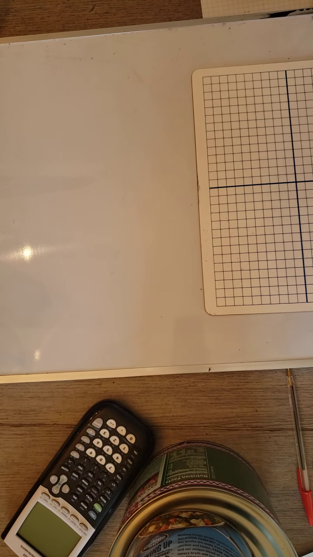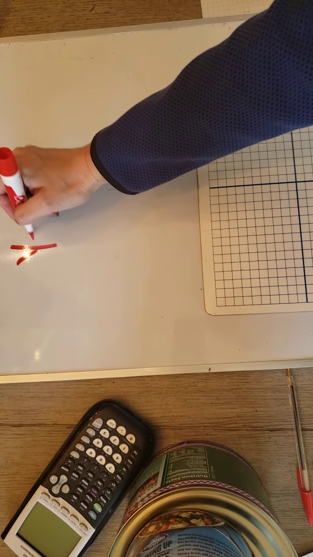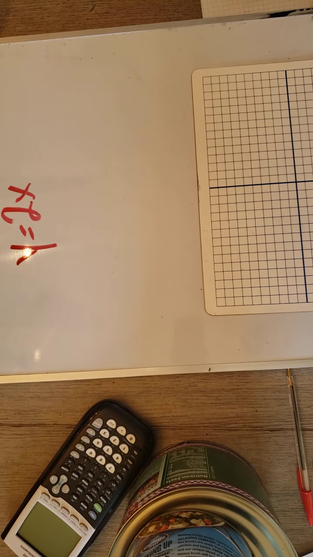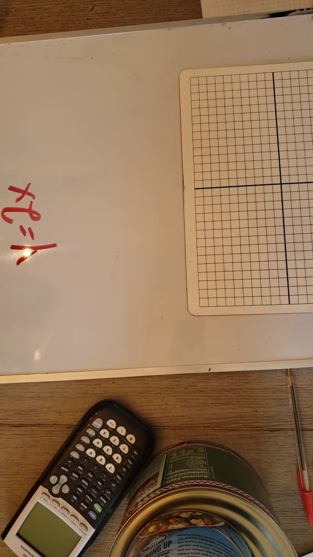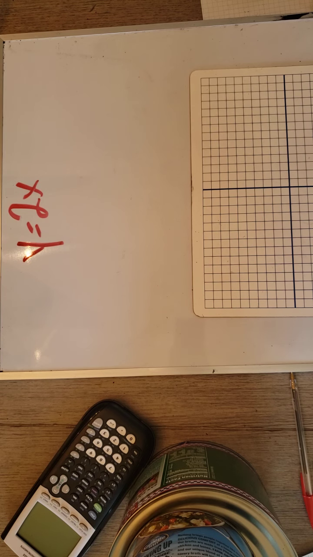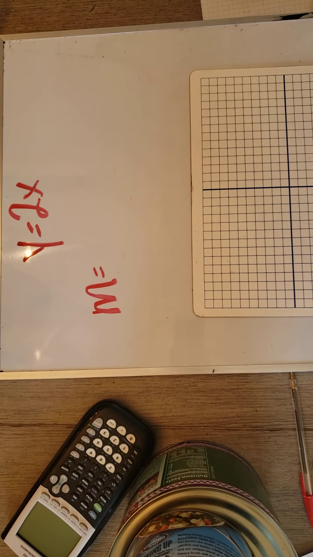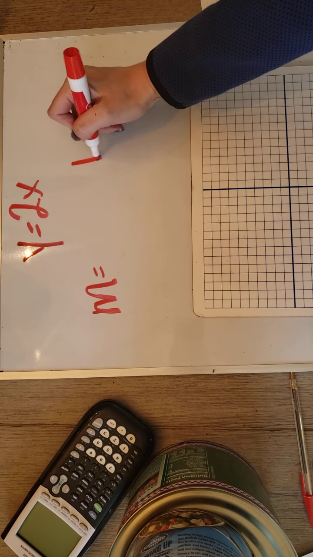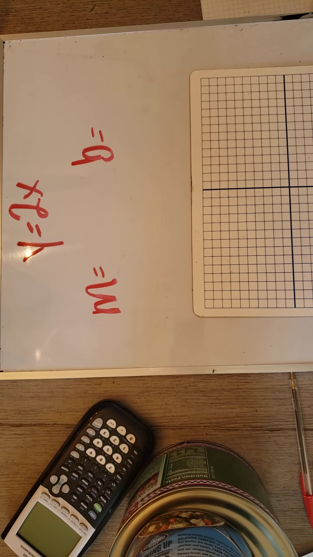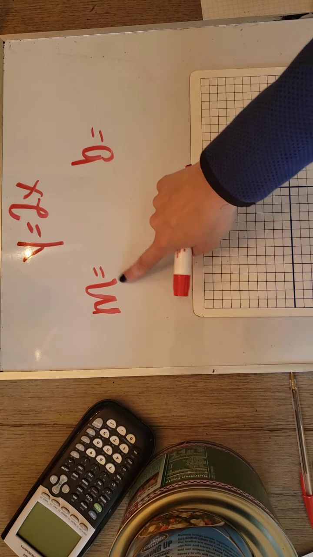All right, next problem, we got y = 2x. So again, we look for our m, and we know that m stands for slope. We also need to find our b, and we know that b stands for what? The y-intercept. So look for what is attached to x.